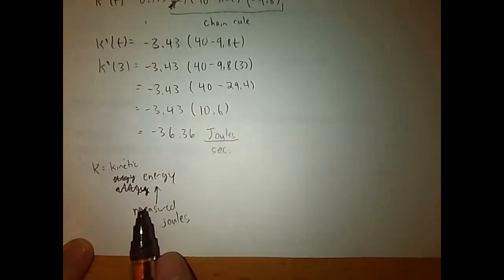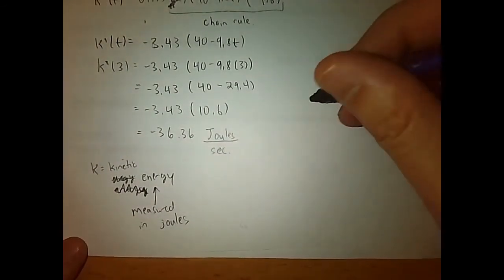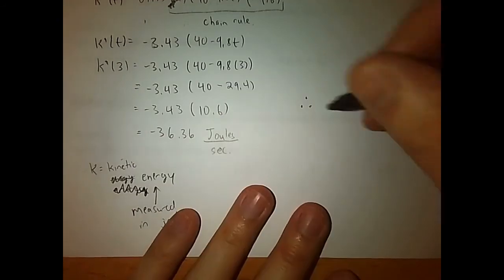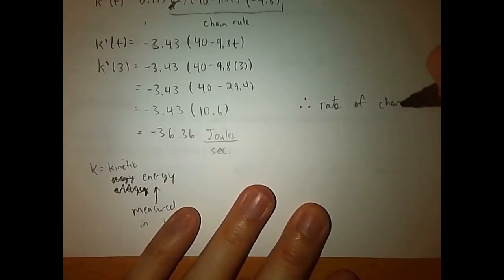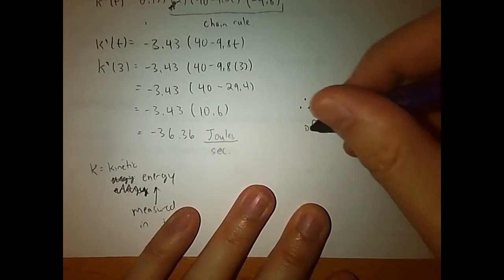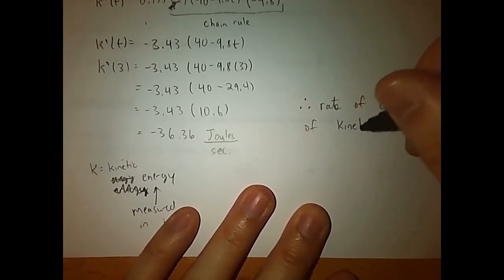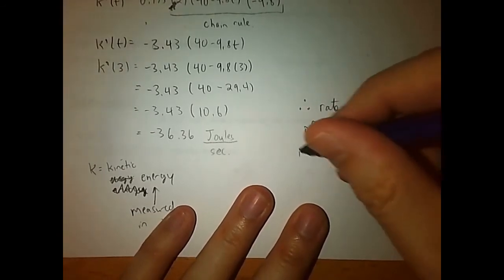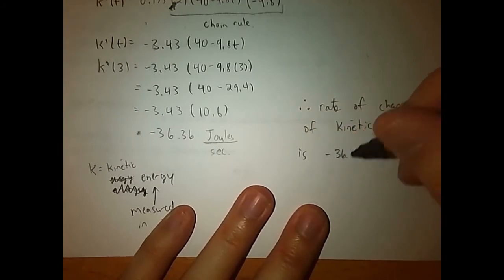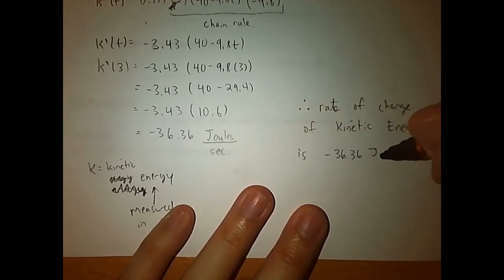So we measure kinetic energy in joules. And I'll write the therefore statement. Therefore, the rate of change of kinetic energy. Sometimes you might see KE referring to kinetic energy, but I'll just write the whole word out here. Is negative 36.36 joules per second.